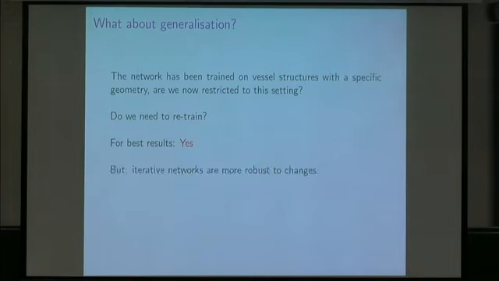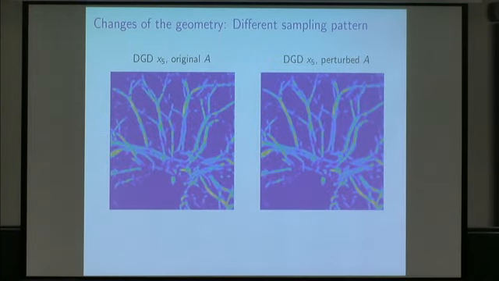But at least empirically, we saw today with ozone that iterative networks are a bit more robust to changes. And we tried that. We first perturbed our forward operator. We used a different sampling pattern than in our training. And at least qualitatively from the images, there's not really a big difference.